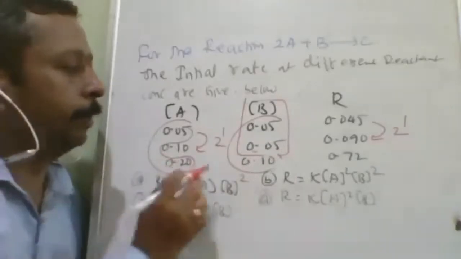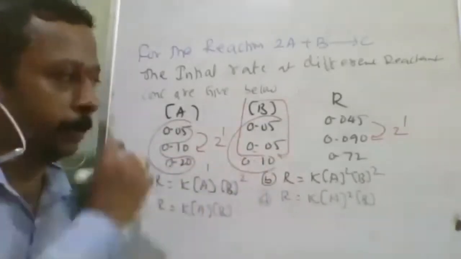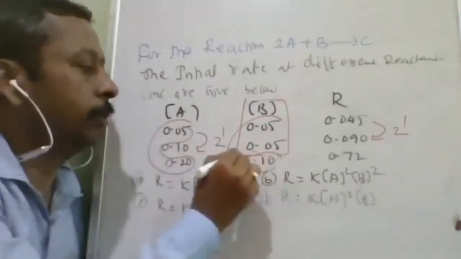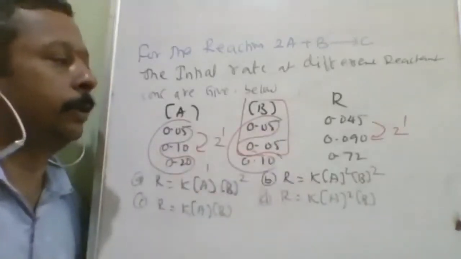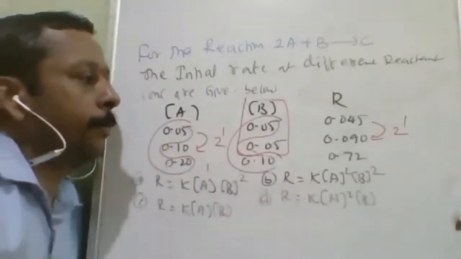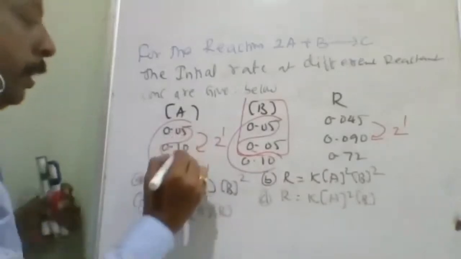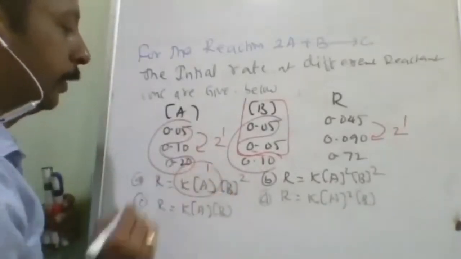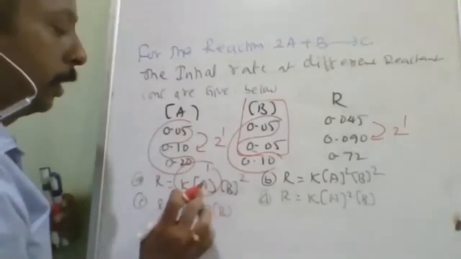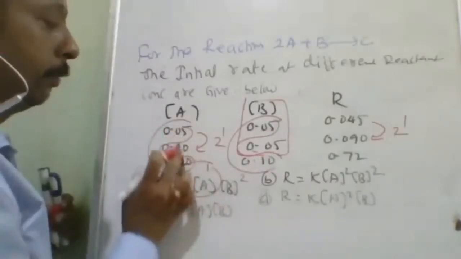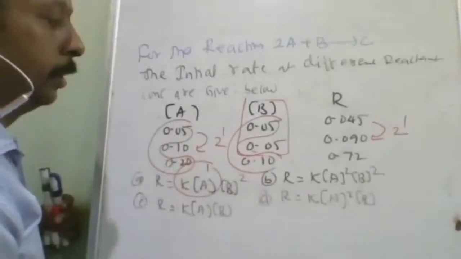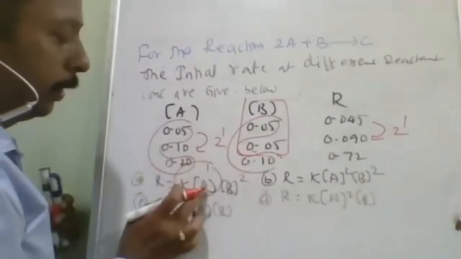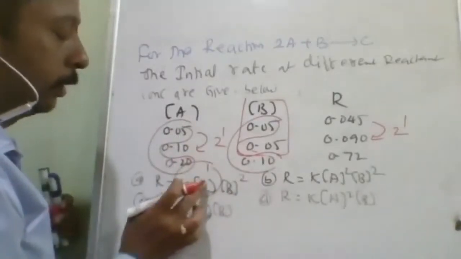Once A is confirmed, then I can go for B. So here it will be 0.05, 0.10. Now I have no doubt with respect to A. A should be constant, but nowhere is A constant. That's why I determined A to the power of 1 correct.